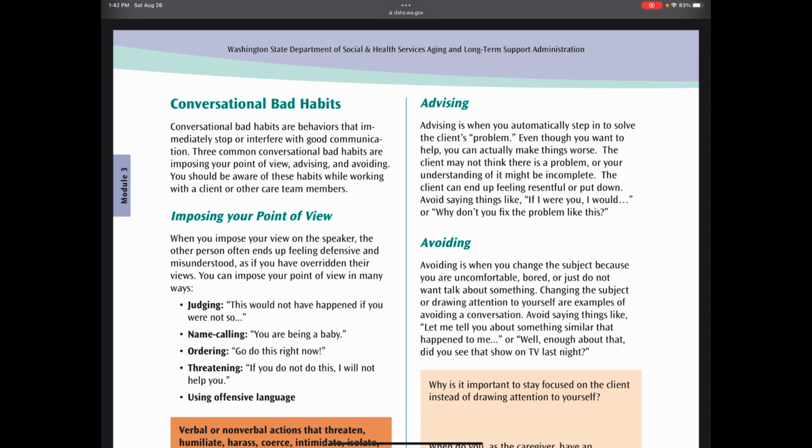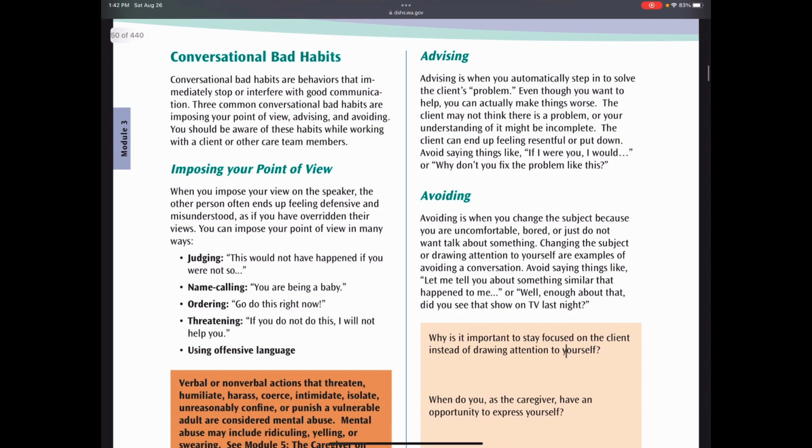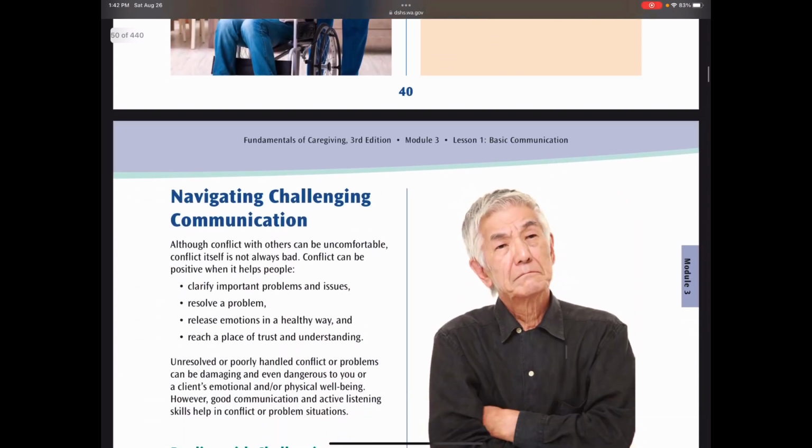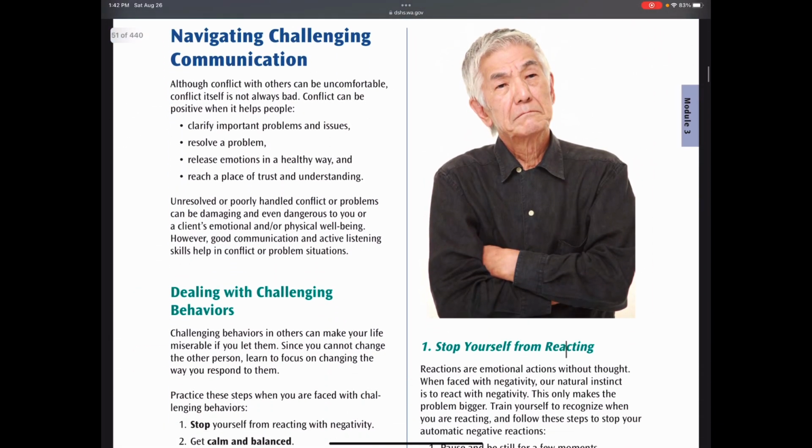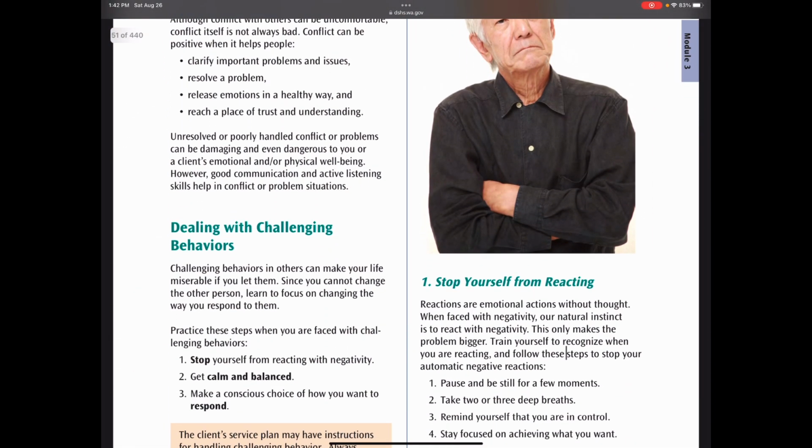Okay, so now we know how to communicate. How do we navigate challenging communication? Dealing with challenging behaviors. Challenging behaviors in others can make your life miserable if you let them. Since you cannot change the other person, learn to focus on changing the way you respond.